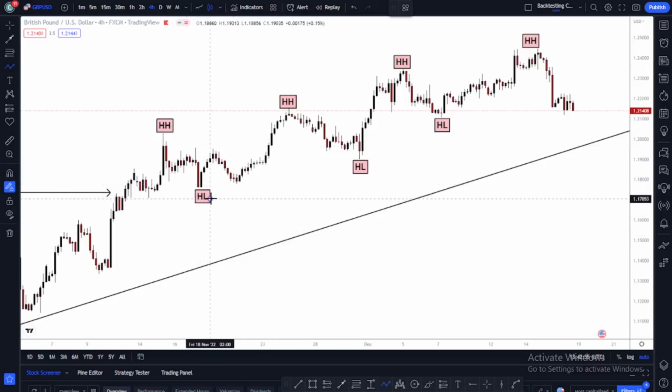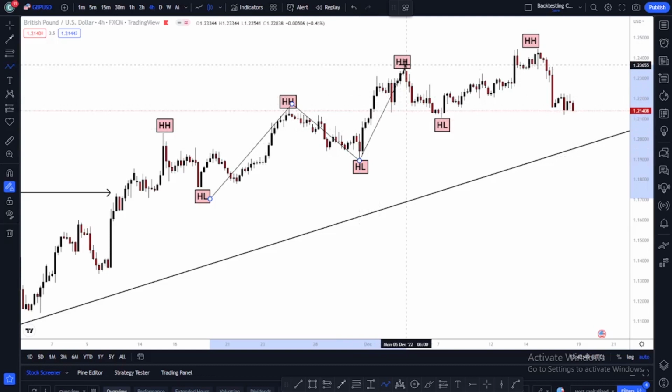So after price created this higher high, what happened? It created a new higher low. After this higher low, it created a new higher high. After price created this new higher high, what did I do? This previous higher high became our new resistance, where we are expecting price to retrace back into.